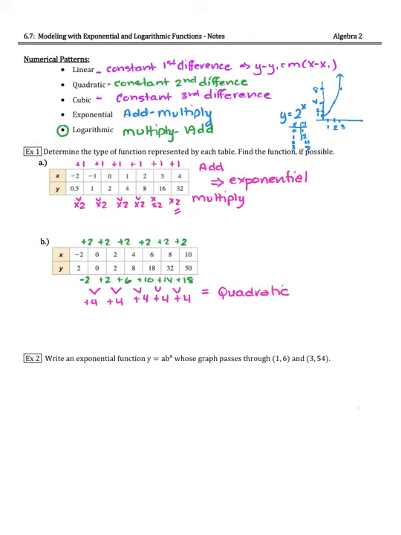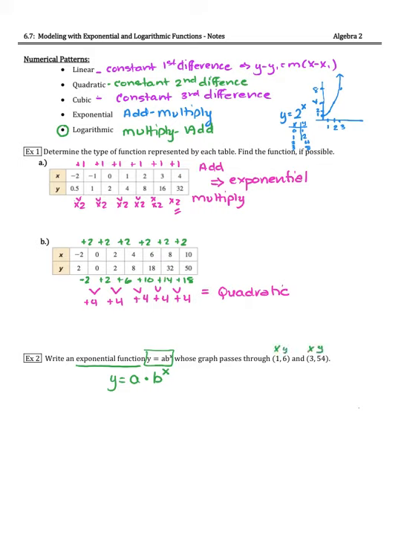And okay, so you want to be able to, given a set of data, determine what type of equation it is. Now let's say you had to then also write the equation, especially if it's exponential. So for an exponential function, I do this a little bit differently than the book. I take the parent function, which is right here. So we have y equals a times b to the x. And we have two coordinates, two xy coordinates.